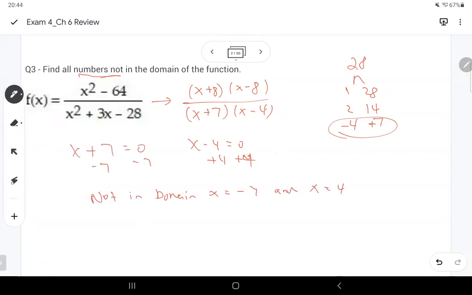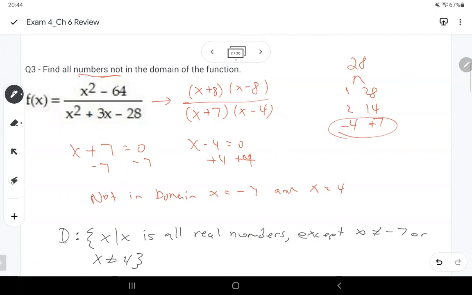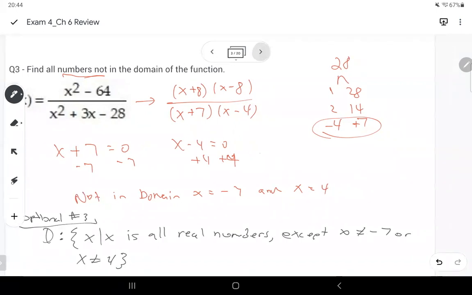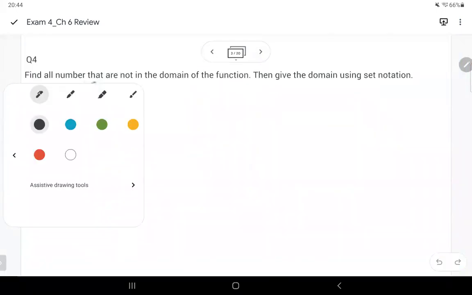Okay. If you want to surprise me, then you would say domain is x such that x is all real numbers except x cannot be -7 or x cannot be 4. Okay, optional for this one. It is required for this one.